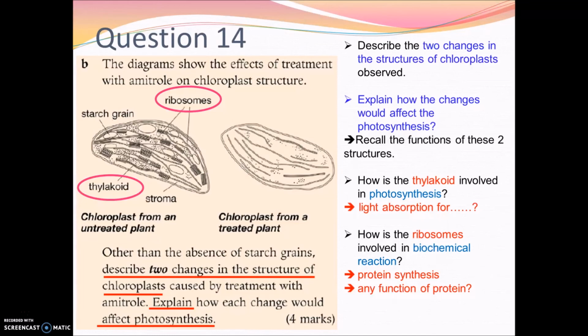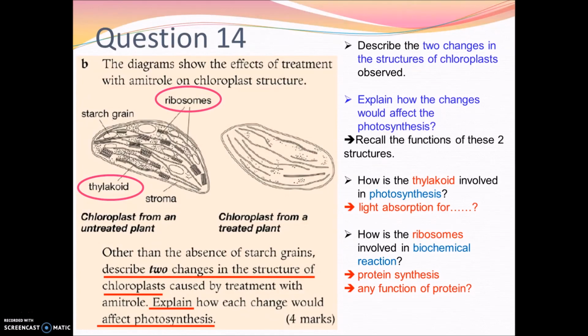From this question, I want you to really realize that in biology, all the topics can be related to each other. Photosynthesis is already chapter 21, so we have already learned 20 chapters before that. It's really time for you to connect all the knowledge you have learned.